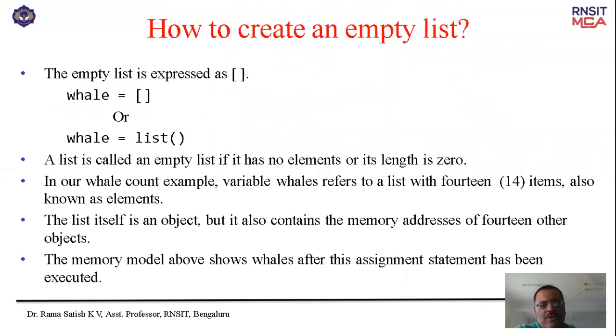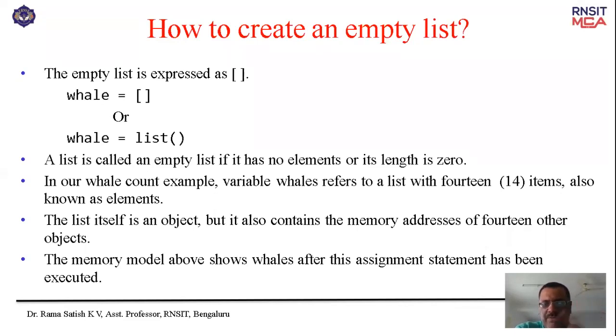So the memory model is very, very important. In examinations and interviews, they ask you to explain the memory model of a list along with some 10 elements, or 5 elements. So you should write very clearly, for each of the 5 elements separate memory, and also for the list separate memory.